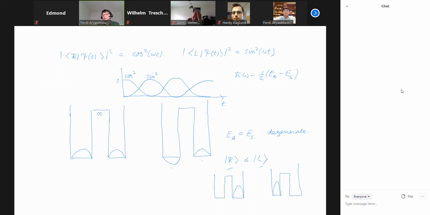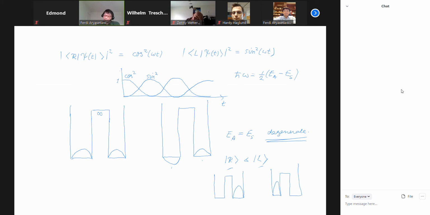So they don't have the symmetry of the Hamiltonian. And that is okay because they are degenerate, so there is no requirement that the states must have well-defined parity. Whereas for the case when the barrier is finite, then we know that the states must have well-defined parity.